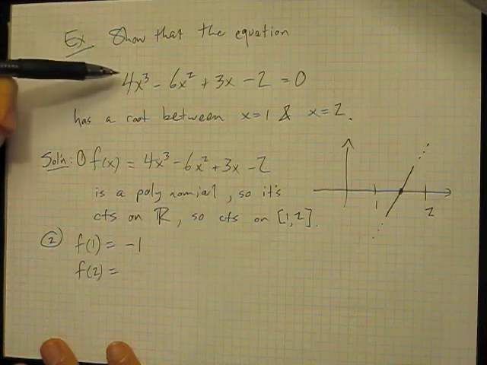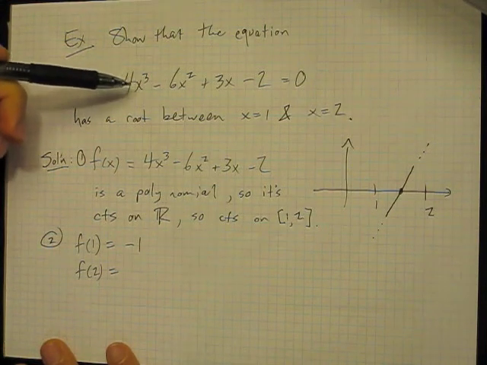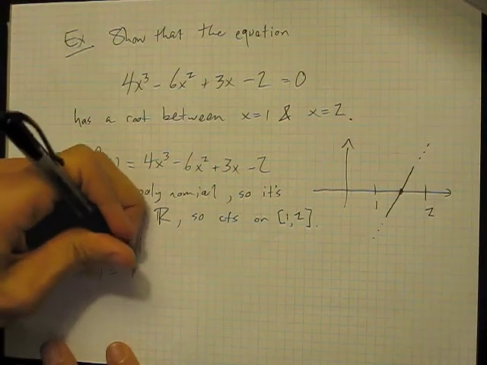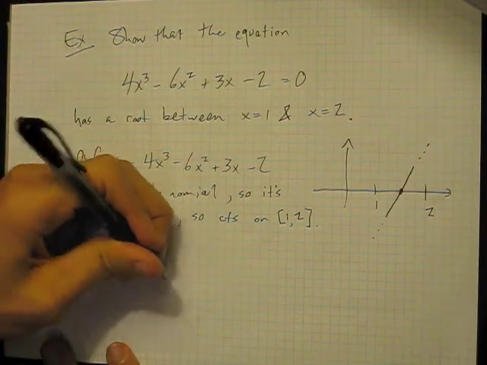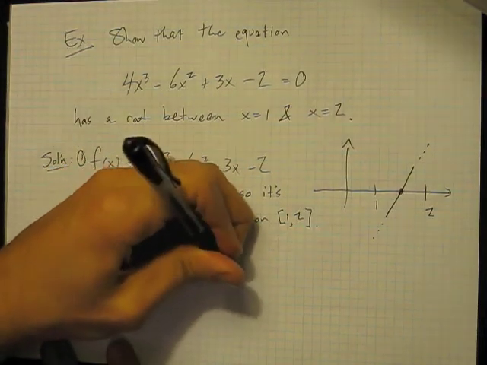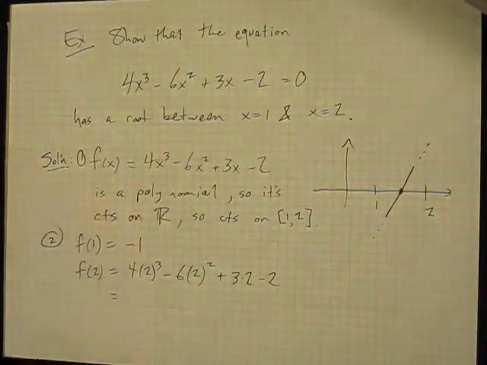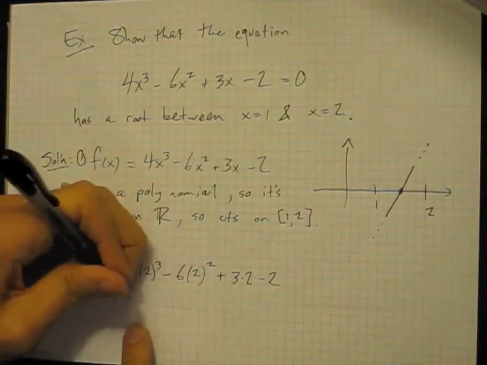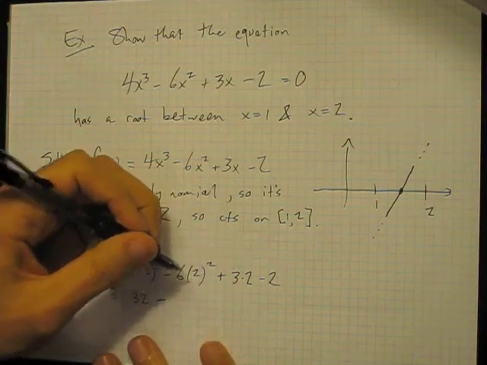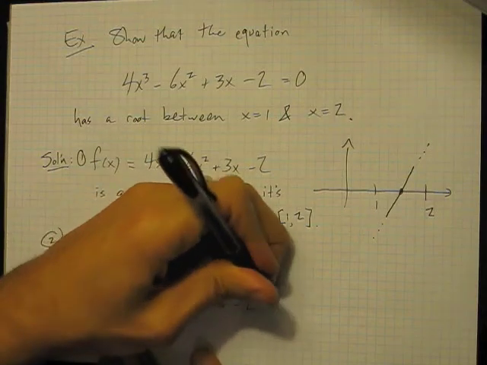And then if I plug 2 in here, so 4 times 8 is 32. I'm going to just do the math in my head, 2 cubed. I just don't trust myself. So this is equal to 4 times 8 is 32. This is 6 times 4, that's 24. This is 6, and this is 2.